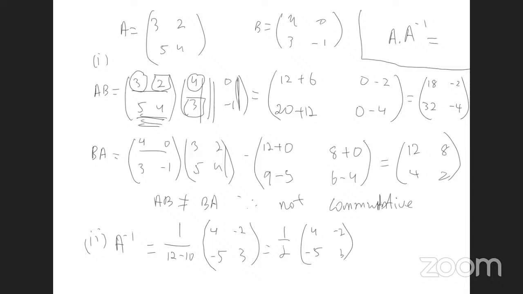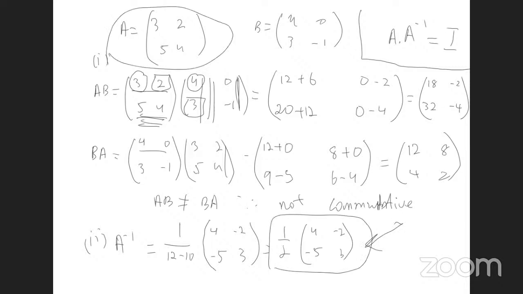The answer is the identity matrix. I. The answer is I. So don't forget to multiply by the half on the outside. So you're multiplying A inverse, that's this matrix here, by A. And it's supposed to get I, right? Try it backward.